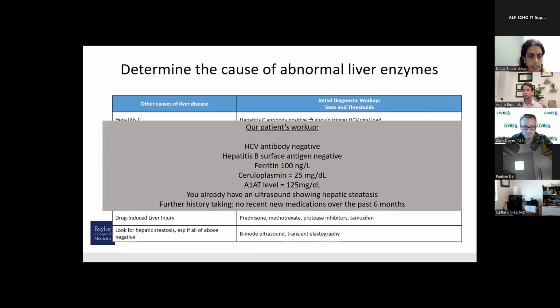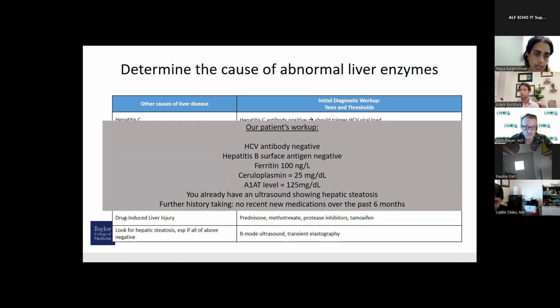In our patient, her workup for abnormal liver enzymes comes back as completely negative for hepatitis C, hepatitis B, and then the more rare causes I mentioned, hemochromatosis, Wilson's disease, alpha-1 antitrypsin deficiency. You have an ultrasound showing hepatic steatosis.